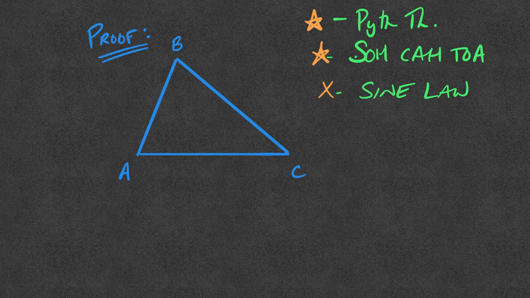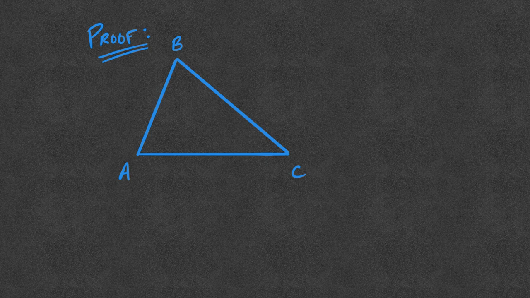Okay, I'm going to get rid of that little checklist of tools because I'm hoping we can now just talk about them freely. You would love it if triangle ABC was a right triangle. So just like we did with sine law, make it one. I'm going to drop in a height.